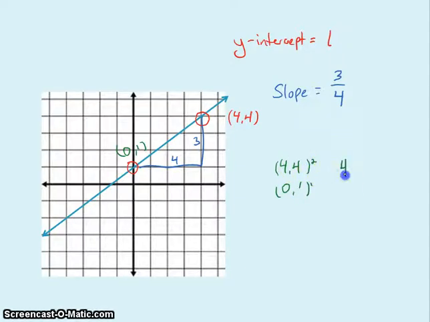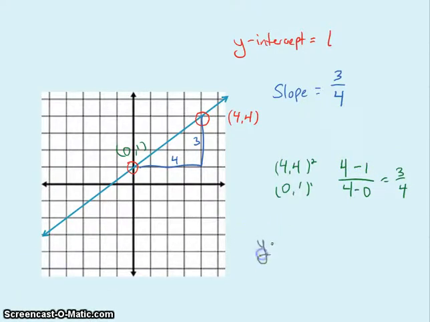So y2 is 4 minus the y in this first one, which is 1, over x2. The x comes from over here, and then the minus the x in the first one, 4 minus 0. So 3/4. So either way, by making a triangle and counting how far you go over, or by calculating it using the y2 minus y1, both gives us the same slope of 3/4.